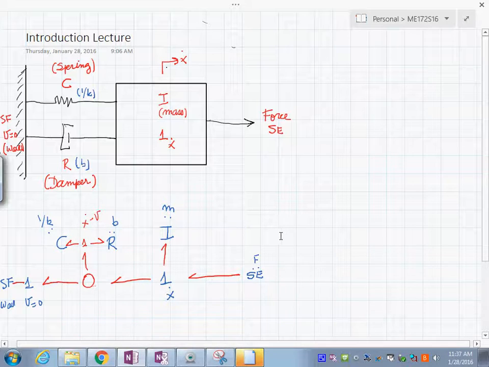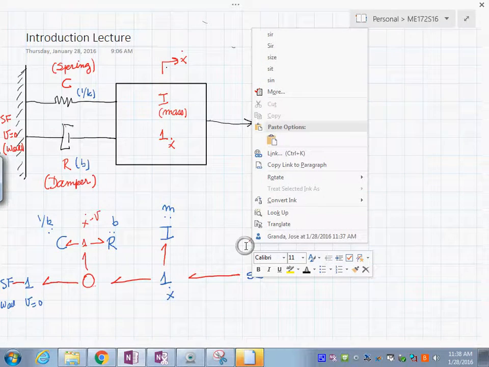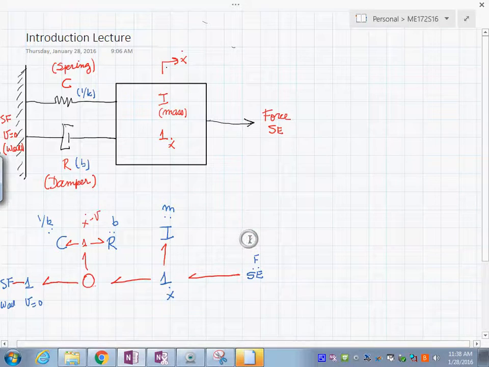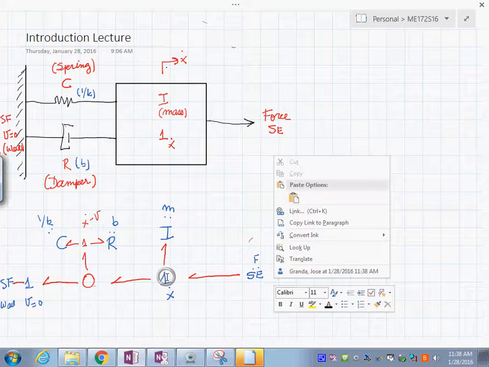You see, we have laid out a way to indicate all these elements connected with the different elements. The source is connected to the mass.